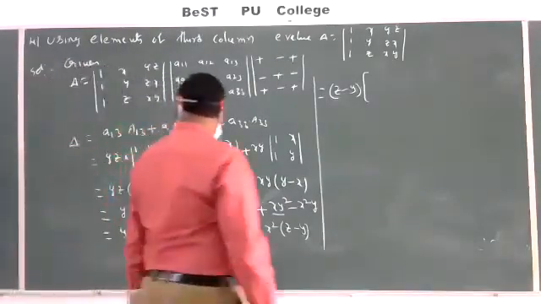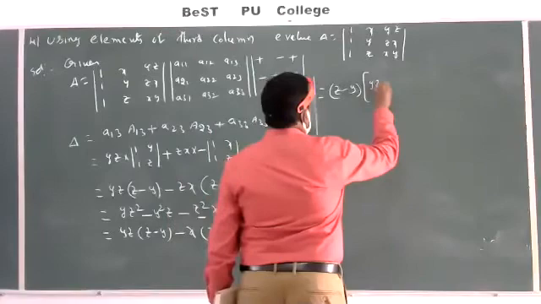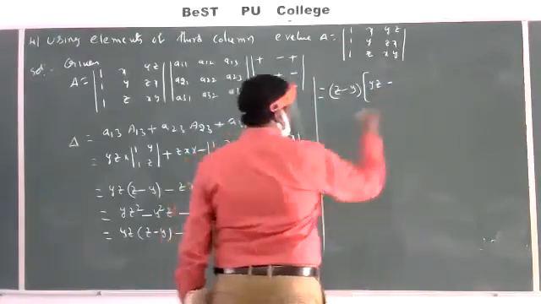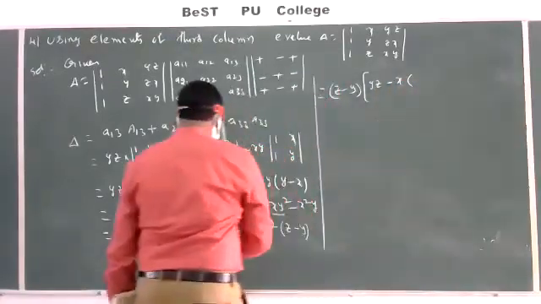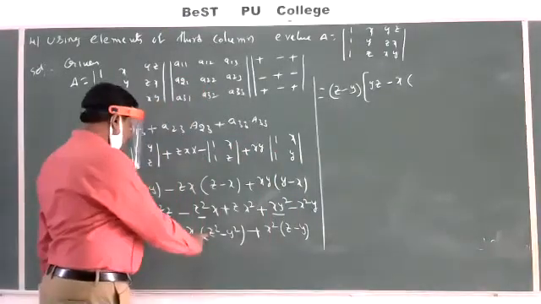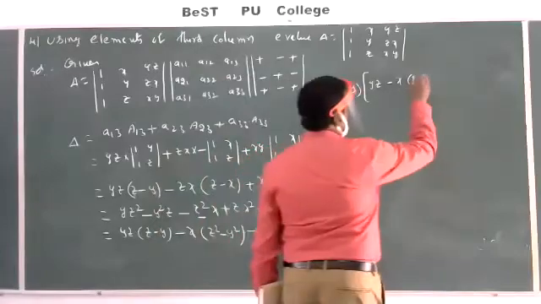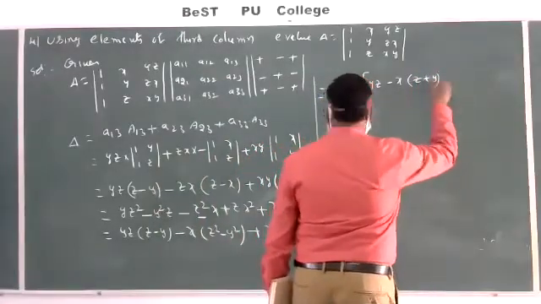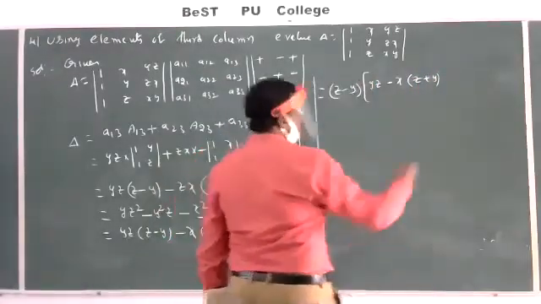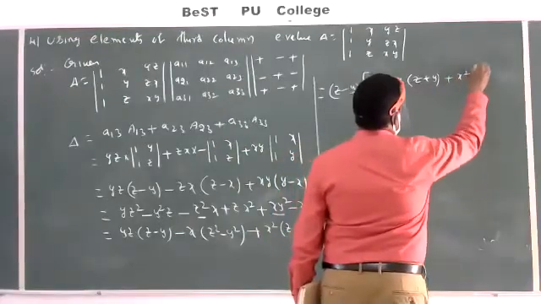Then it is yz minus x into, if you take z minus y common from z squared minus y squared, it becomes z plus y. Here z minus y is common, then it is x squared.